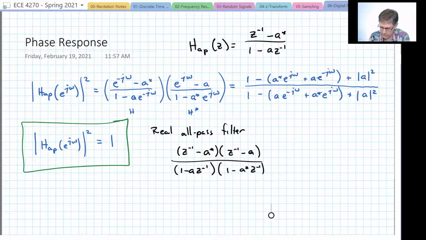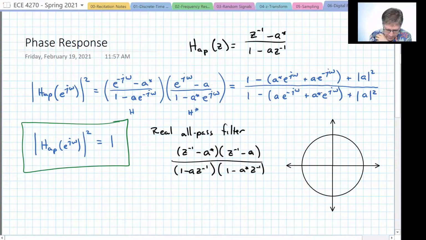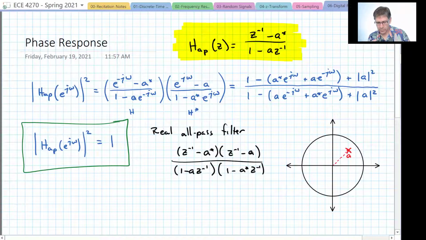What's really interesting is where the poles and the zeros are with this type of filter. Just looking at the first term, the all-pass filter with one pole and one zero as defined above, this says we have a pole at a. We should mark that with an X, which we use for poles. What about the zeros?